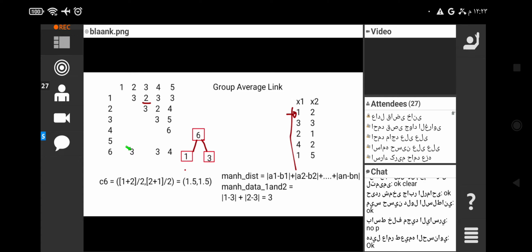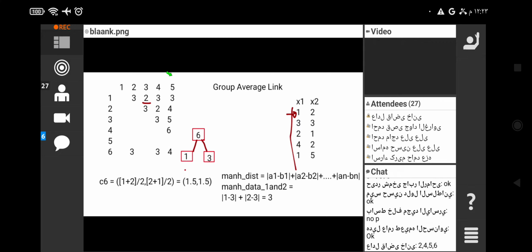Which two clusters are the nearest? What are the clusters that are left? Cluster 2, cluster 4, cluster 5, and cluster 6. So we have these 4 clusters left.